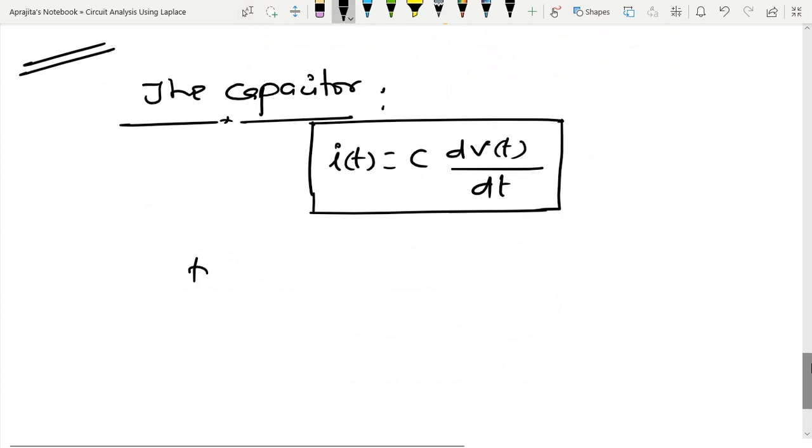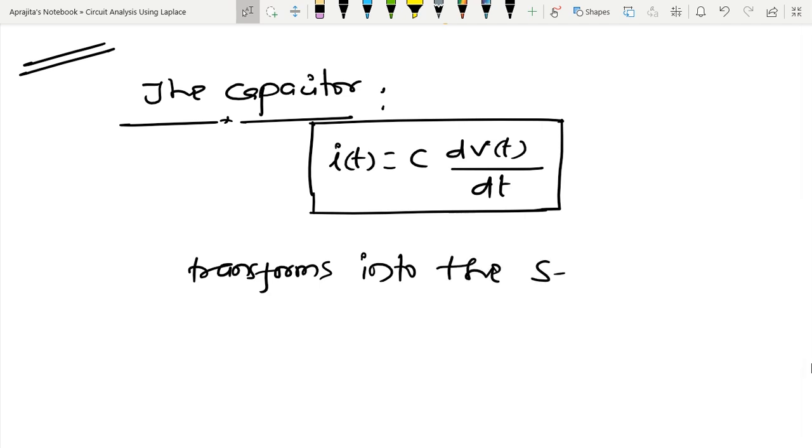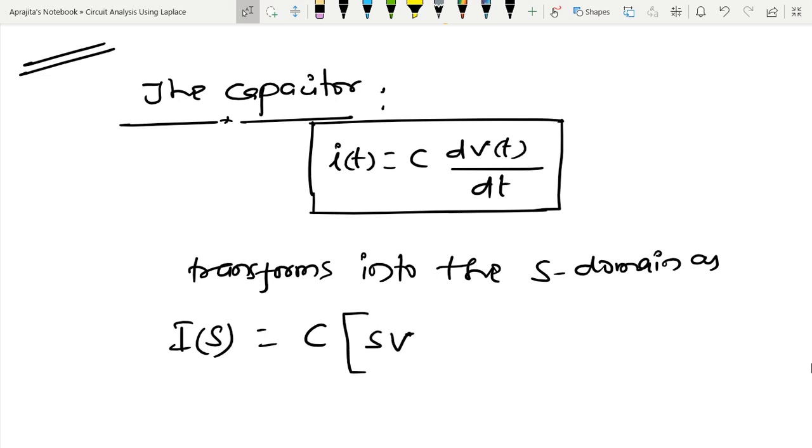So transform into the S domain, and if I do this kind of transformation, then again I have to take the Laplace transform, same as the previous one. So I am assuming that the Laplace transform of i(t) is Is and v(t) is Vs. So again I am going to use the property of differentiation, and after that I have v(0 minus).